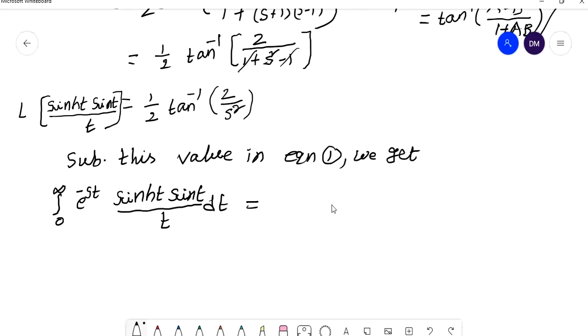1 by 2 into tan inverse of 2 by s square, right? But what is the s value? S value is root 2, so we can put s is equal to root 2.